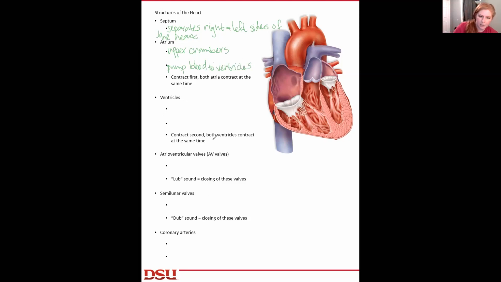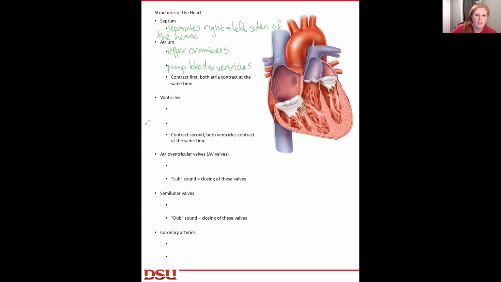They contract first, and both of the atria are going to pump at the same time. So despite the fact that the left and right sides of the heart are separated, they are electrically linked together so that they contract at the same time.